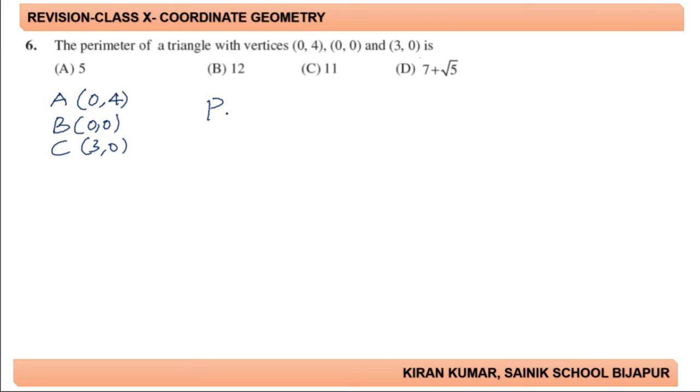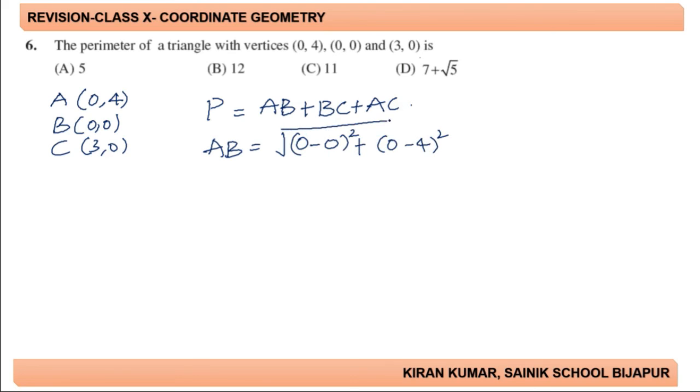For finding the perimeter, I require the length of AB plus BC plus AC. So I need the length of AB. This will be under root (0 minus 0) whole squared plus (0 minus 4) whole squared. And we get it as root of 16, which is 4 units.